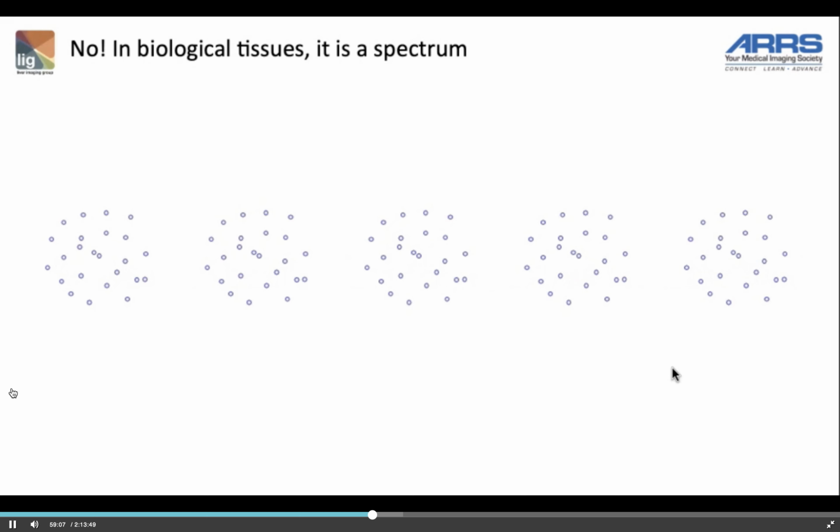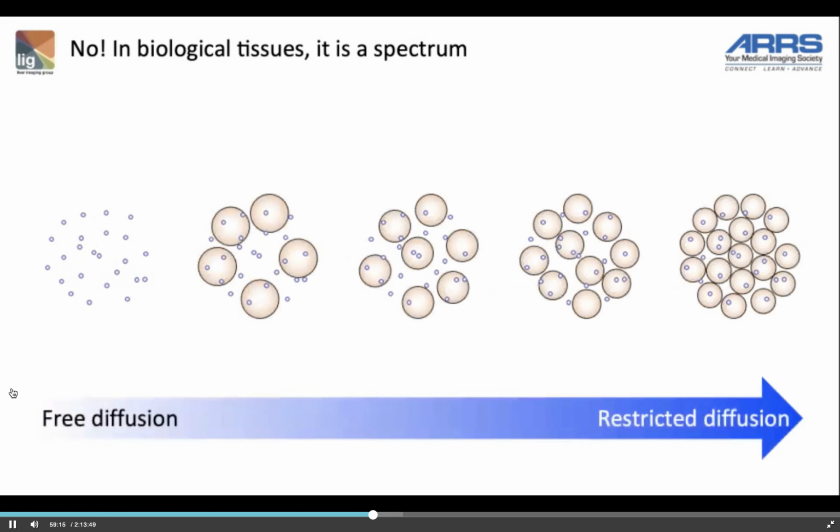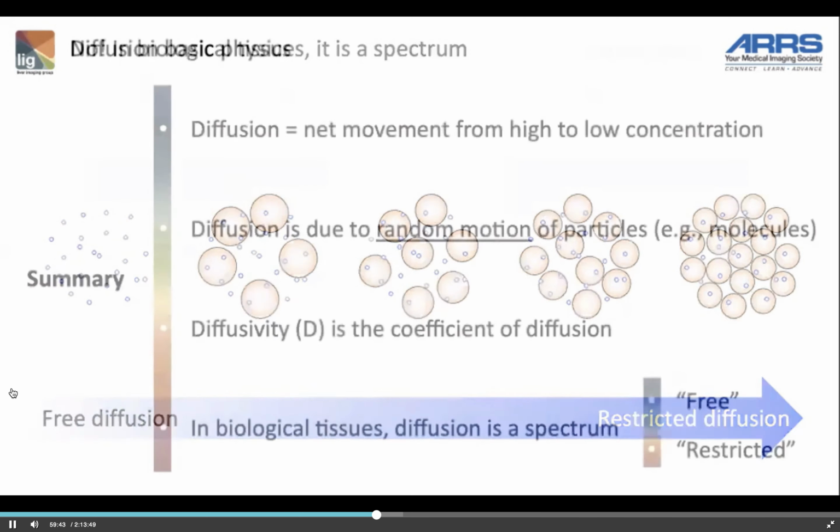Well, as illustrated in this cartoon, the diffusion of all these water molecule clusters is the same, but now let's put them into biological tissues, and we can see that depending on the size and density of the cells, as well as the spacing of the extracellular space, we might imagine that water molecules can diffuse more easily over here than they can over here. Fewer barriers, more barriers, freer diffusion, more restricted diffusion. So in biological tissues, diffusion is a spectrum. It's not a binary yes, no.